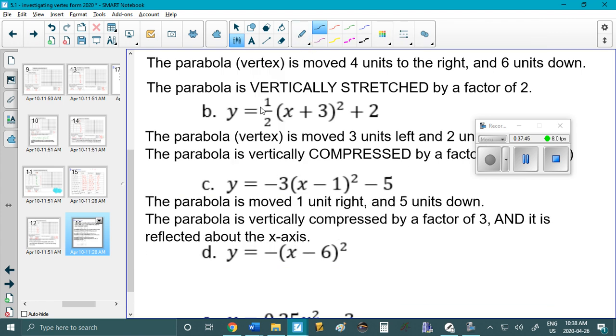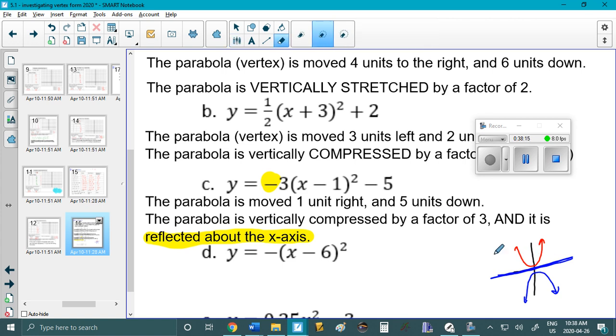Okay, so this negative, we always say reflected about the x-axis, because if you picture a graph, and if we have a normal parabola like this, and then we make the a value negative, it's going to go upside down. And if you imagine that this x-axis is like a mirror, this and this are reflections, the reflections about the x-axis.